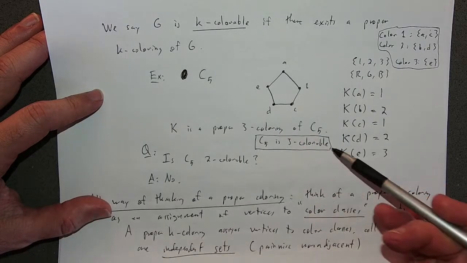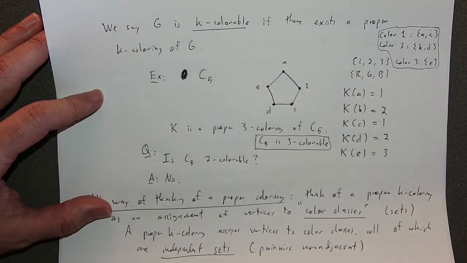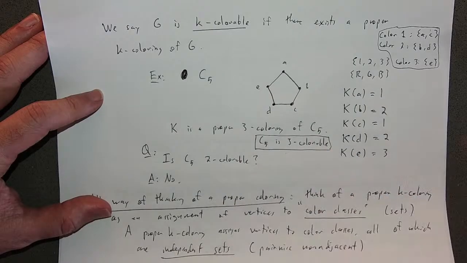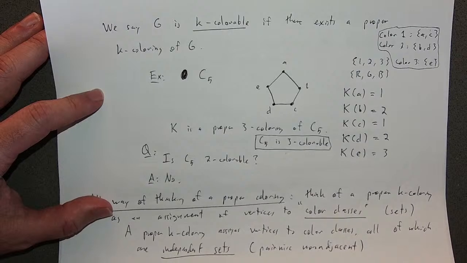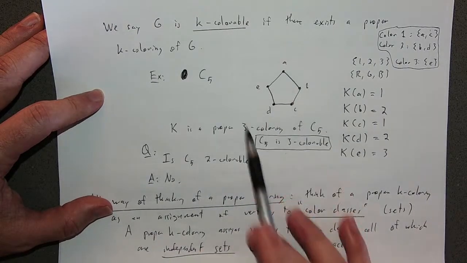In fact, if you have 5 colors, you can just assign each vertex a single distinct color, and that works very easily. So it's clear that if it's 3-colorable, then it's all higher k-colorable. And we saw that 2-colorable wasn't possible.